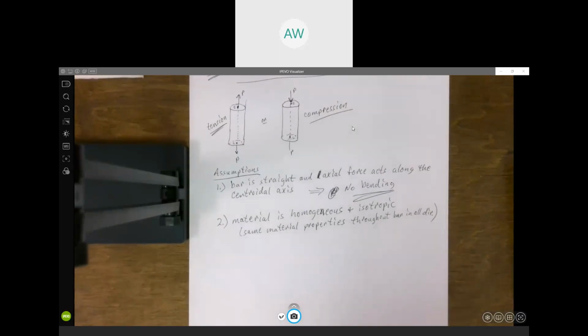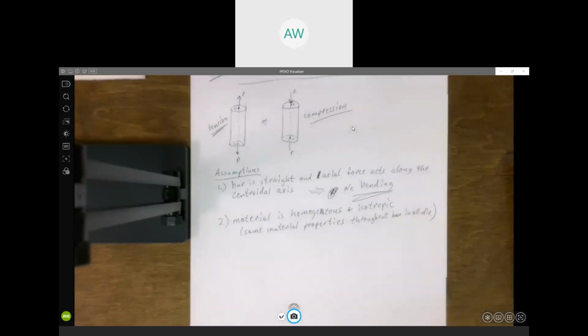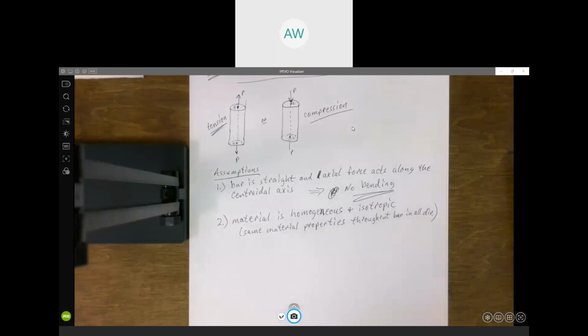We will see to some extent, depending upon your major and what kind of structures classes you take after this, you're very likely to see lots of examples where you have members made of different materials, and that does not behave the same as if it was all the same material.